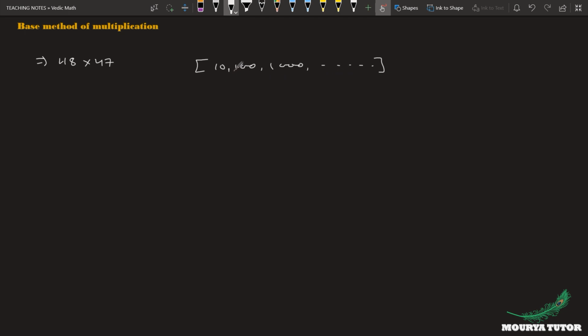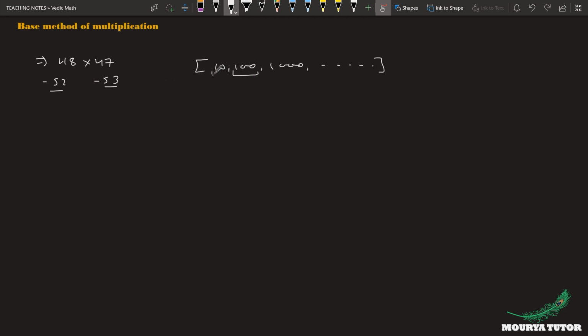If we take 100 as the base, then the differences will be minus 52 and minus 53. You can see these differences themselves become difficult to multiply. So this is not an easy multiplication. We cannot take this base because this is not an easy way of multiplying the numbers, correct?